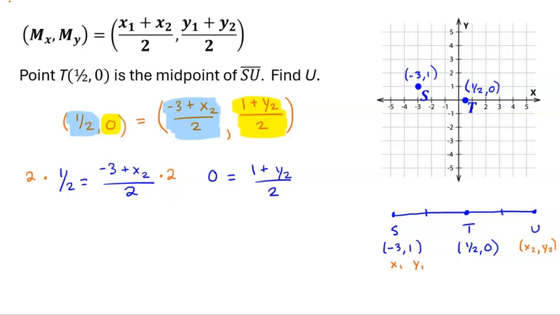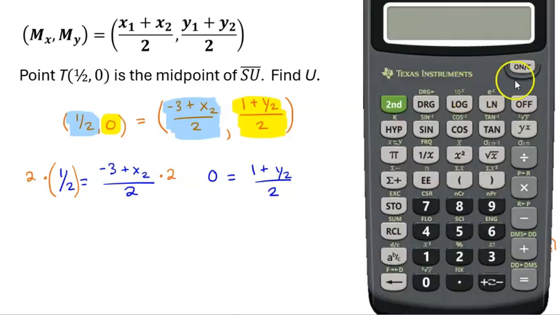For these, whenever you have a fraction like this, go ahead and put parentheses around it. In these particular calculators, you have to actually type the multiplication symbol in between a number and the parentheses.